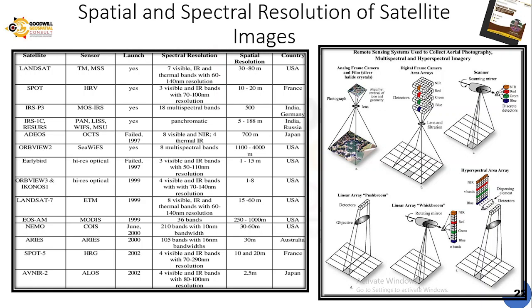So it depends on what you want to do and the image available. If you want to do detailed mapping, when you have to get keen, sensitive information, then you have to go for a band that has a very sharp spatial resolution.